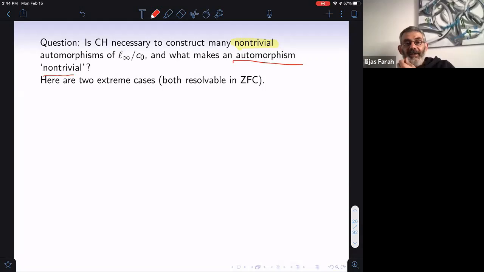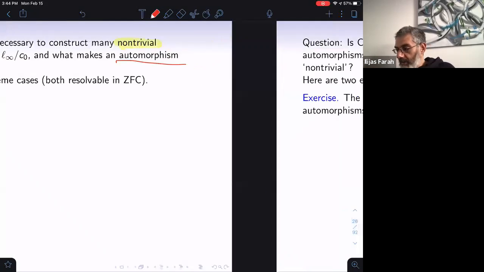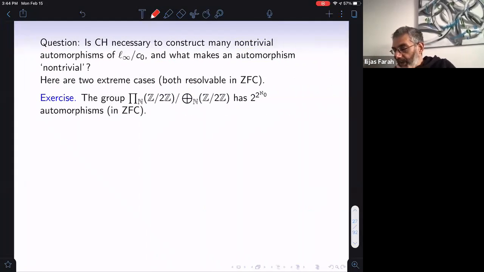Now here, again, this is a digression, not about C*-algebras, but basically two extreme cases that tell us that the answer to this question may really depend on the category in which we are working. So let's take a look at those cases. Look at this group.